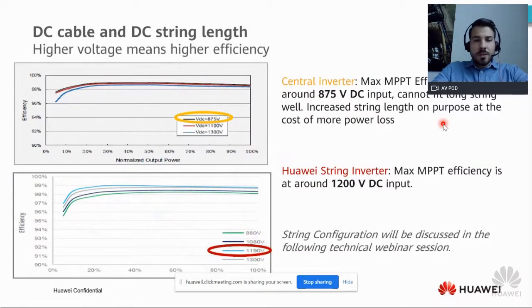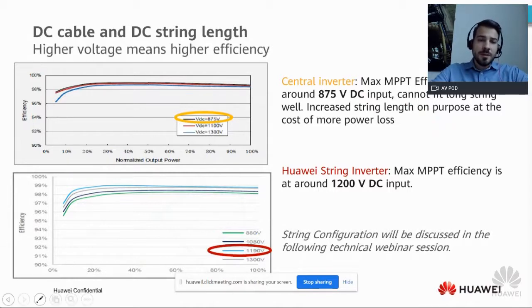And we also get questions regarding how long a string should be, or what is better for the inverter. If somebody comes from a central inverter background, for central inverters usually the maximum power point efficiency is at a lower DC voltage than it is for string inverters.